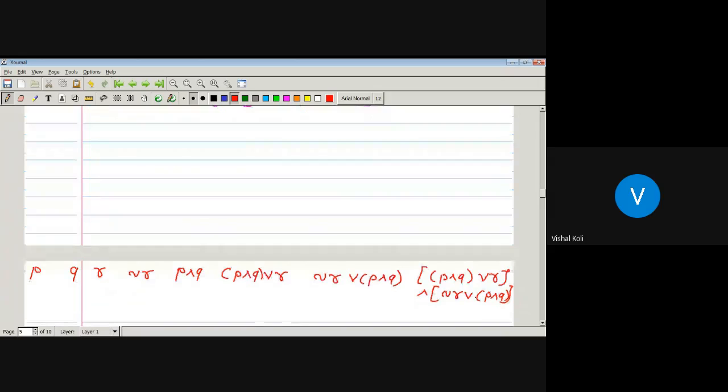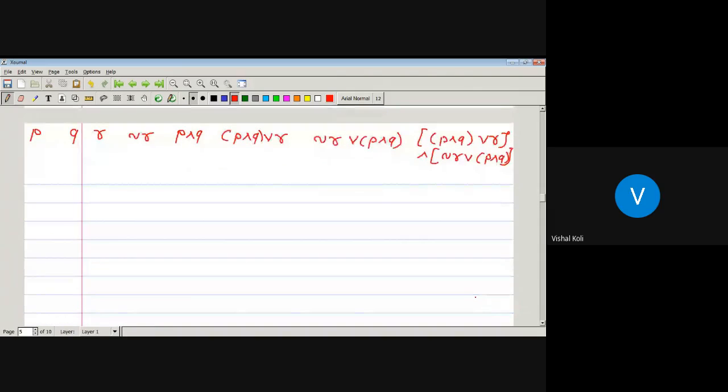Okay, now first we will take the three statements. Its possible combinations are eight. So first possibility will be this one true, this one true, this one true. Second possibility is this true, this true, but this false. Third possibility T, second one false, last one true. Fourth possibility this true, this false, this false.